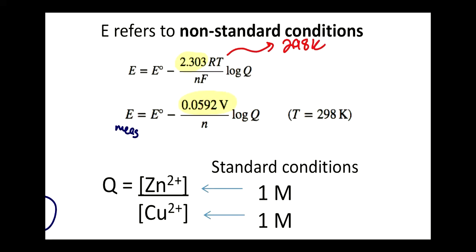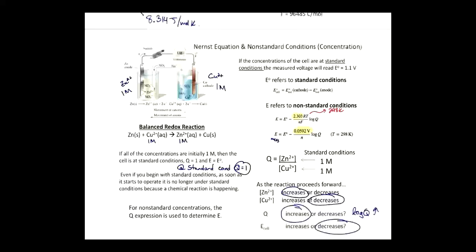So we just did the RTF math for you to get this 0.0592 volts over n log of Q. That's where this version of the Nernst equation came from. But you can use the Nernst equation at any temperature. Again, we just make it easy for you and use this equation because it's a lot simpler.